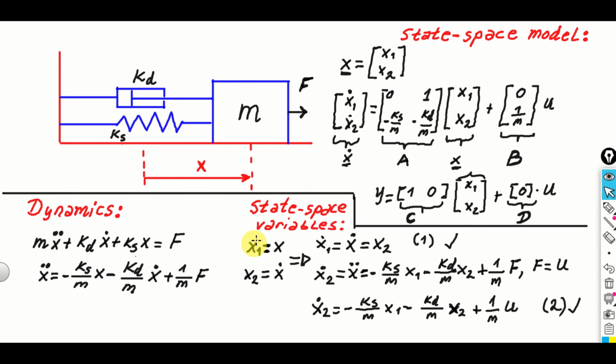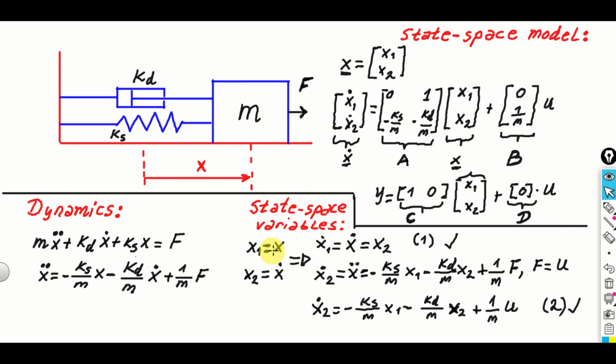The next step is to introduce the state space variables. That is, we introduce a new state space variable called x1 and we assign x1 to x. Then we introduce the second state space variable x2 and x2 is equal to x dot. From these two equations, we can obtain these two equations by differentiating them.